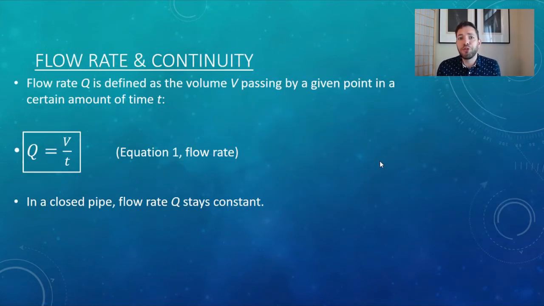We can measure the flow rate of a fluid. This is defined as the volume of this fluid that is going past a particular point in a given time. So this is volume per time. This is measured in cubic meters per second, or sometimes gallons per second, cubic yards per second.